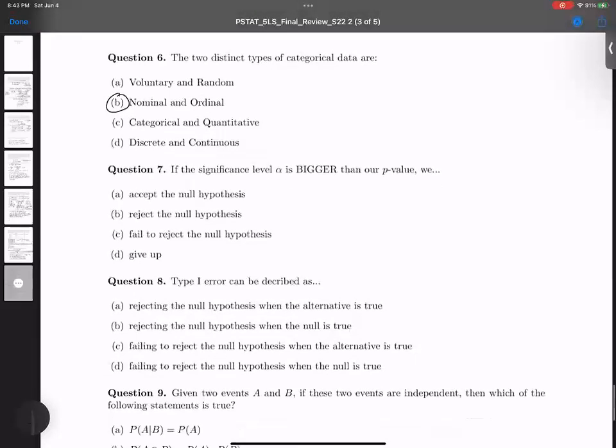Now, question 7: if the significance level alpha is bigger than our p-value, then we accept the null hypothesis, we reject the null hypothesis, we fail to reject the null hypothesis, or we just give up. Go ahead and put your answers in the chat.